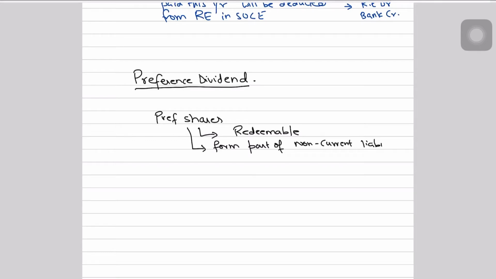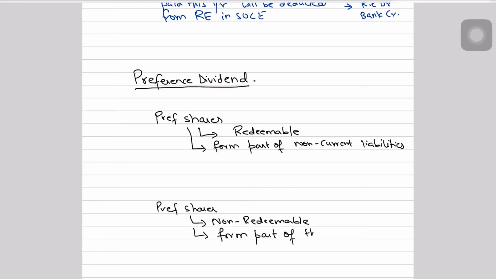If the preference shares are redeemable, those shares form part of non-current liabilities of the company. And if the preference shares are non-redeemable, then they form part of the equity of the company, which means the capital of the company.